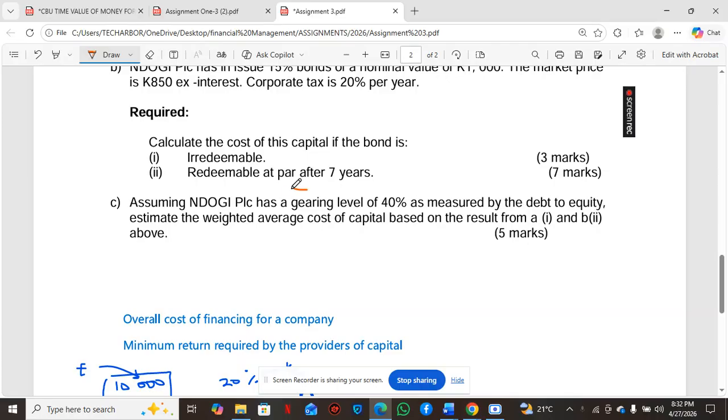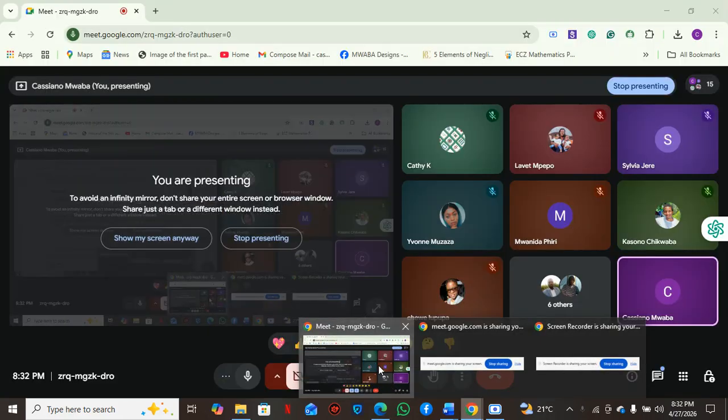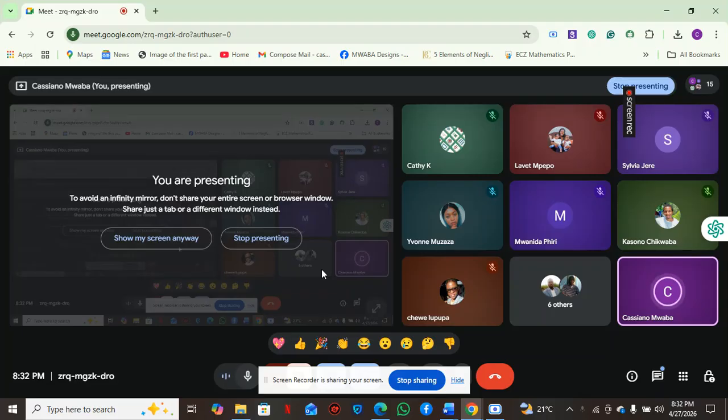Okay, so colleagues, gearing just tells you how much debt financing a company uses. A higher gearing level means the company uses a lot of debt. There are some disadvantages and advantages of using debt.